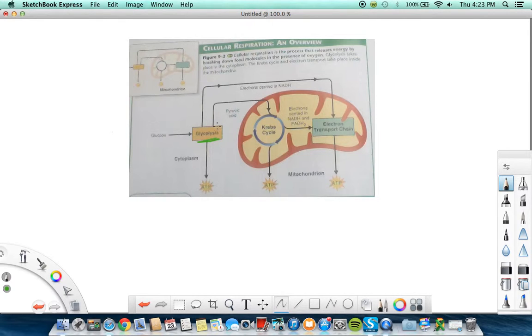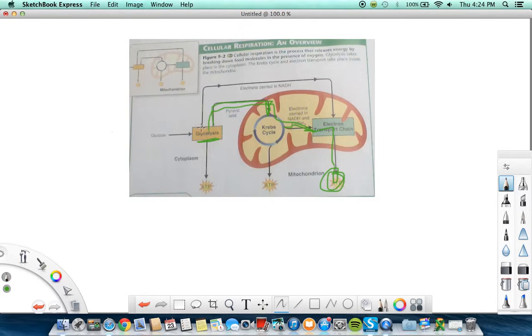If we have oxygen, this process takes us to the Krebs cycle and then to the electron transport chain. And the oxygen process makes a great amount of ATP. It will make a huge amount of ATP.